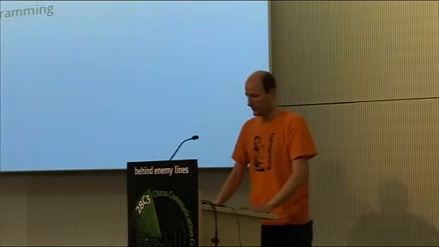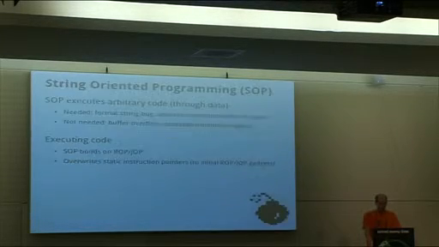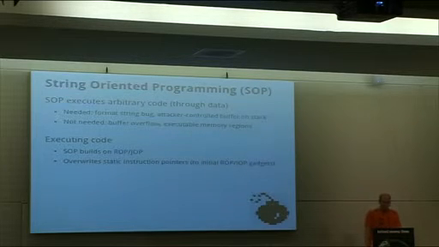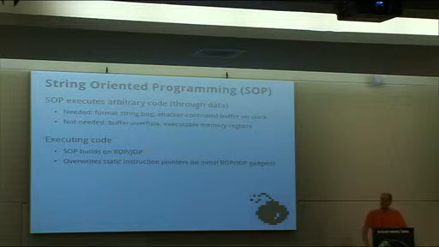So let me now come to a generic form to exploit this format string bug that relies on many of the attack vectors that I presented to you. String-oriented programming is the approach to execute arbitrary code through given data.